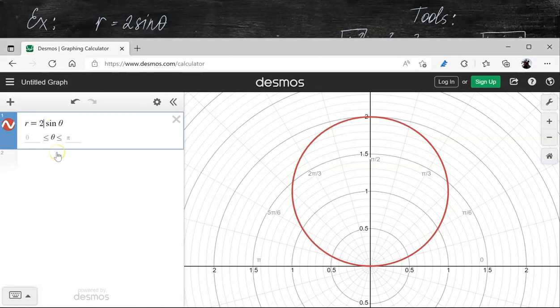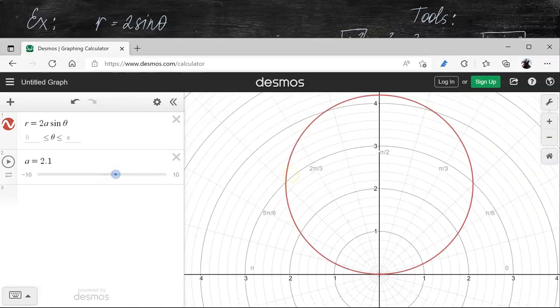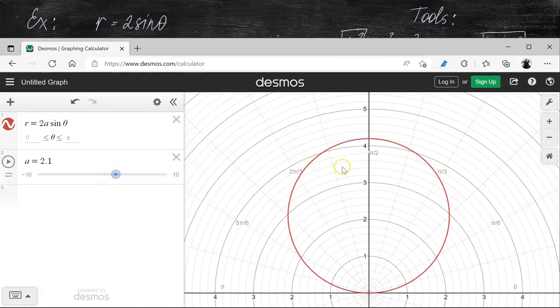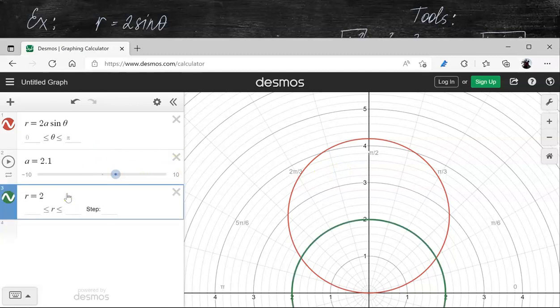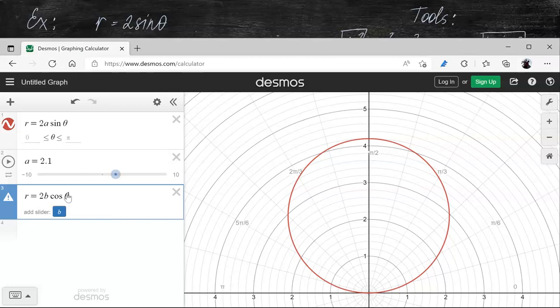Now we can make this value a, add a slider, and you can see that as a gets bigger, the circle gets bigger. But it remains a circle. So guess what? If we replace sine with cosine theta, take a moment to think about what you think is going to happen.